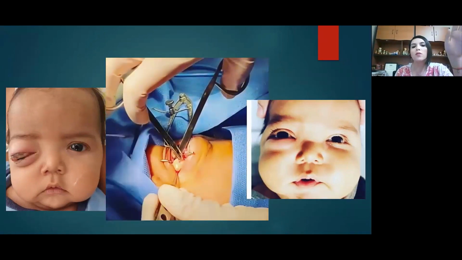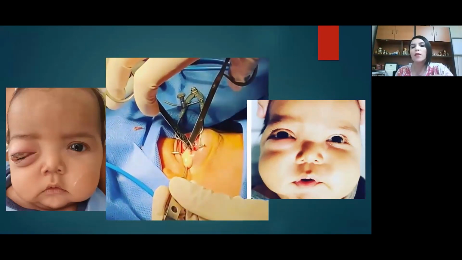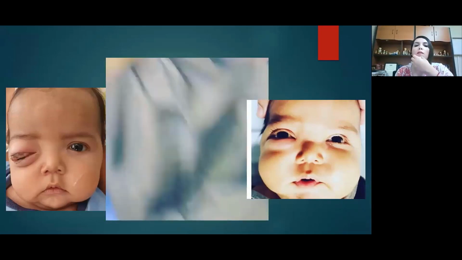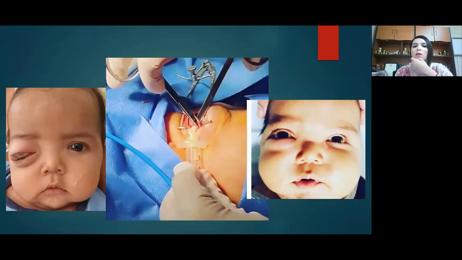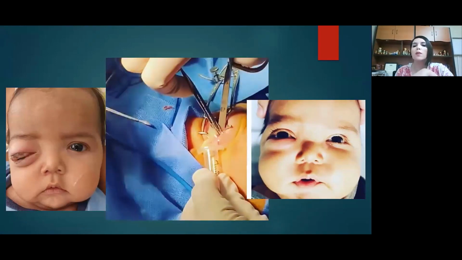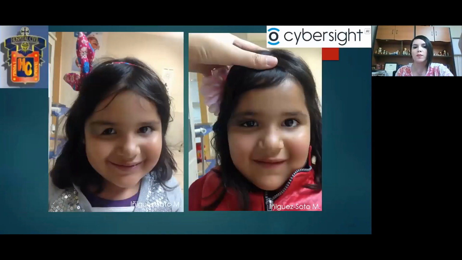And in a transcaruncular way, we arrive to the abscess. It's a lot of secretion. It was 4 millimeters of secretion. And just 1 day after surgery, you can see this little baby in an excellent condition. So it's not a tumor, but it's a very good way to use the transcaruncular approach.